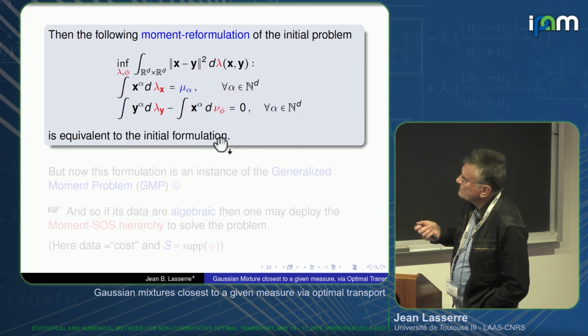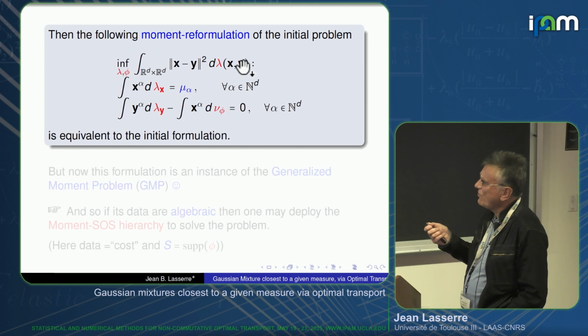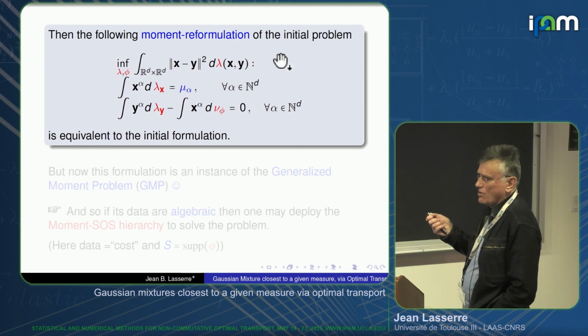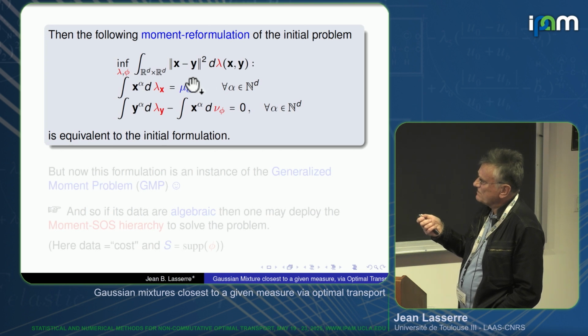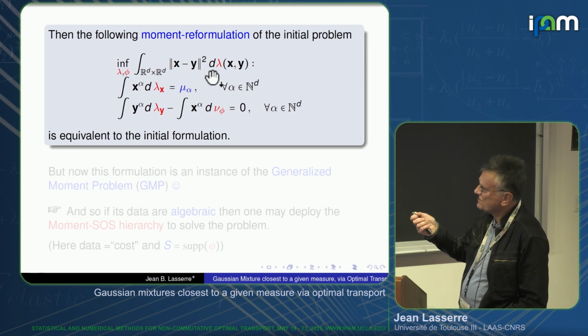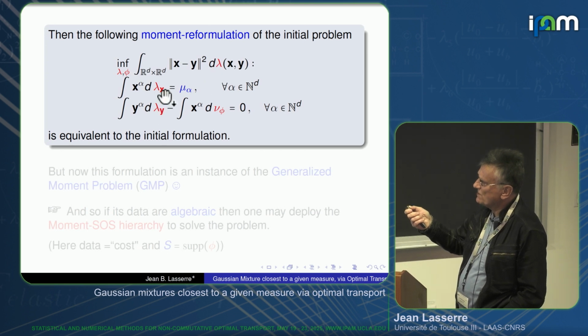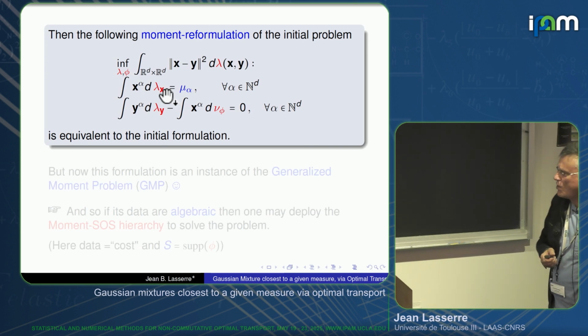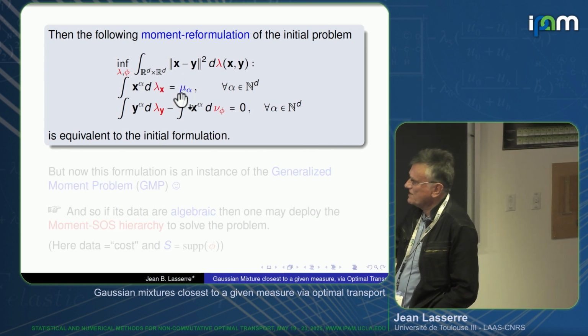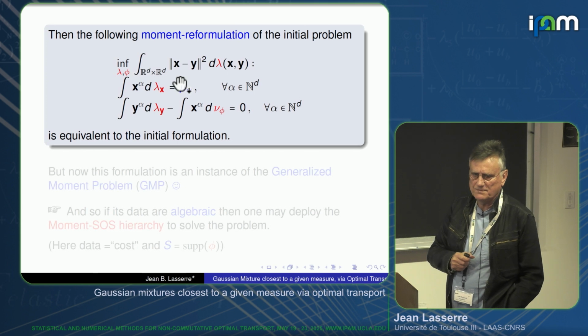Then we can formulate another formulation of this infinite dimensional problem, described below. Now you replace the condition that the marginal of the joint distribution lambda on x should be equal to mu. This is equivalent to saying that all the moments of the marginal lambda x should be equal to mu alpha.